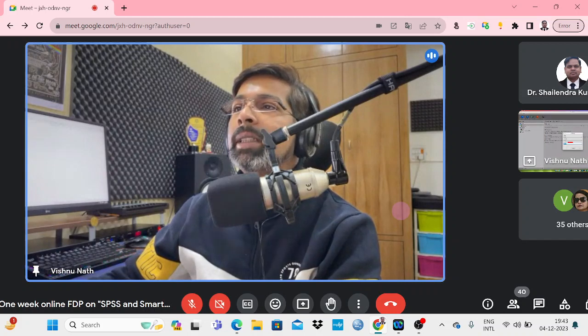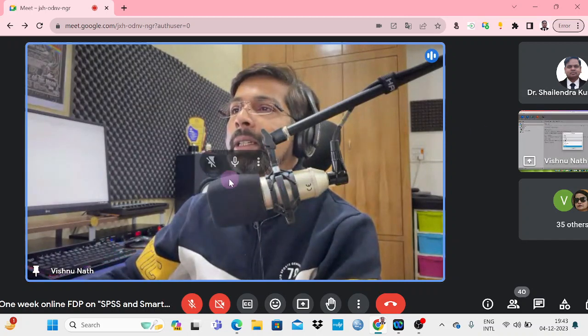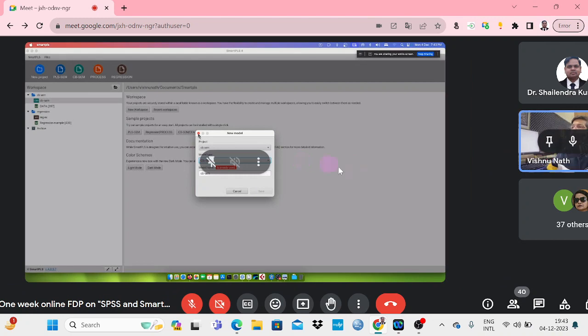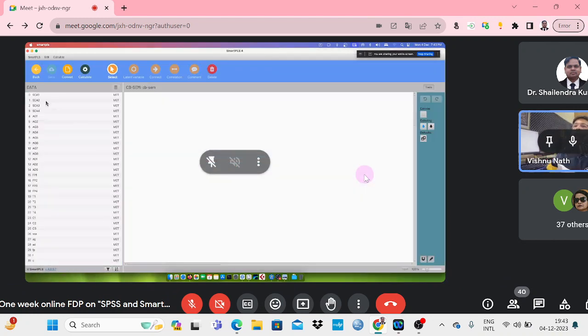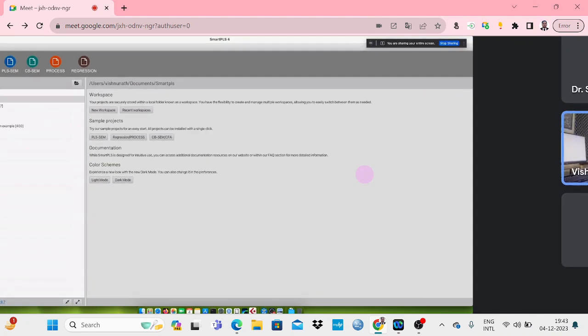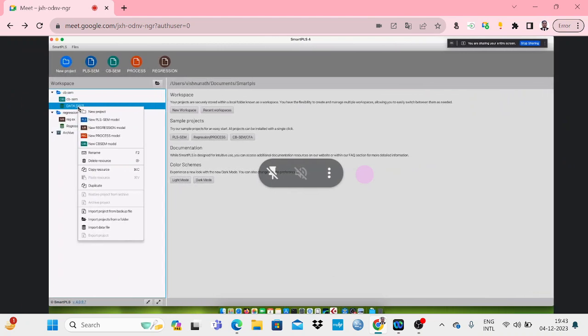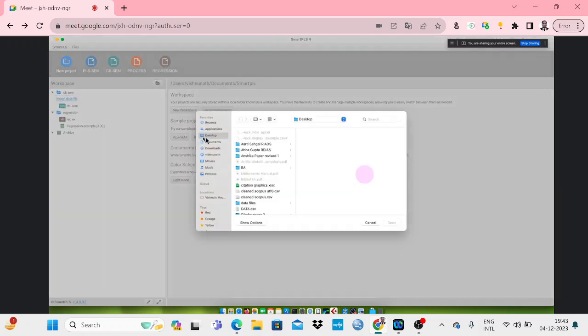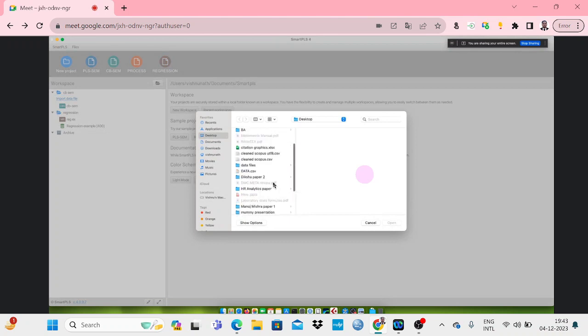So we'll just click CBSEM project, model type CBSEM, give it a name, and just click save. I have already made one, so I will not click this. And then we will go to this model, and here we will also import our data. So we will just click here, import data file, and we will go to the place where we have stored the data for this.